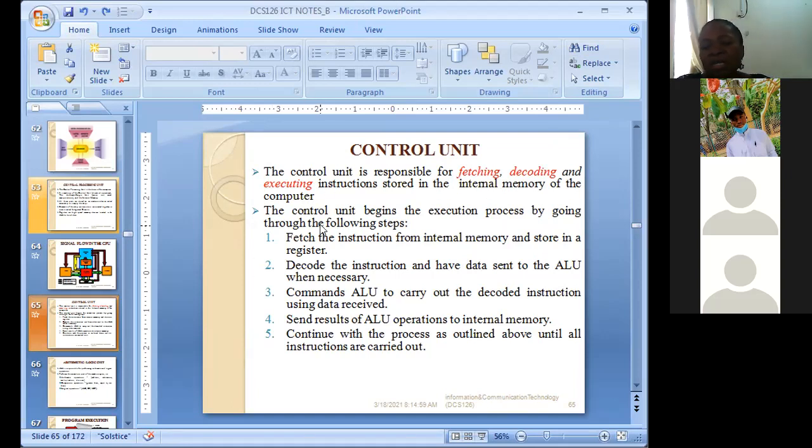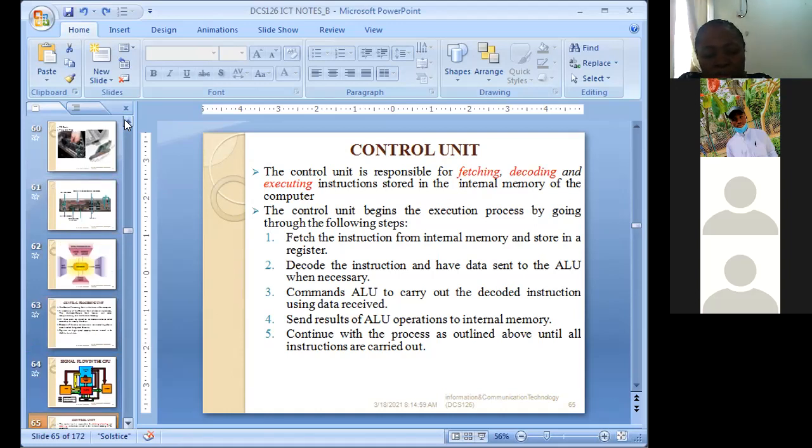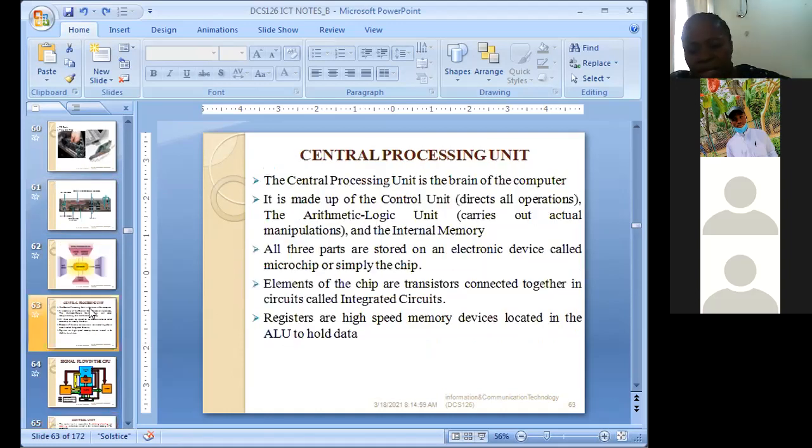The control unit begins this execution process by going through the following steps. So these are the steps it follows. Number one, it will fetch the instruction from internal memory and store it in a register. Now, what is a register? I'll just go back up a little. Here in slide 61, we say registers are high-speed memory devices that are located in the ALU, the arithmetic logic unit, to hold data.